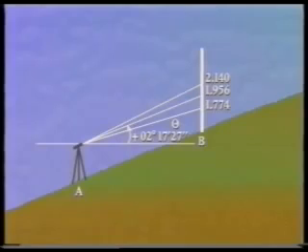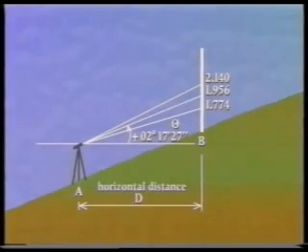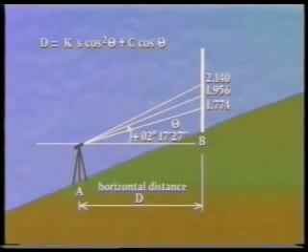From these readings, it is possible to calculate the horizontal distance D using the formula D equals KS cos squared theta plus C cos theta, where K is the multiplying constant for the theodolite being used, and C is its additive constant. Nowadays, these are invariably made to equal 100 and 0, respectively, by the manufacturers.